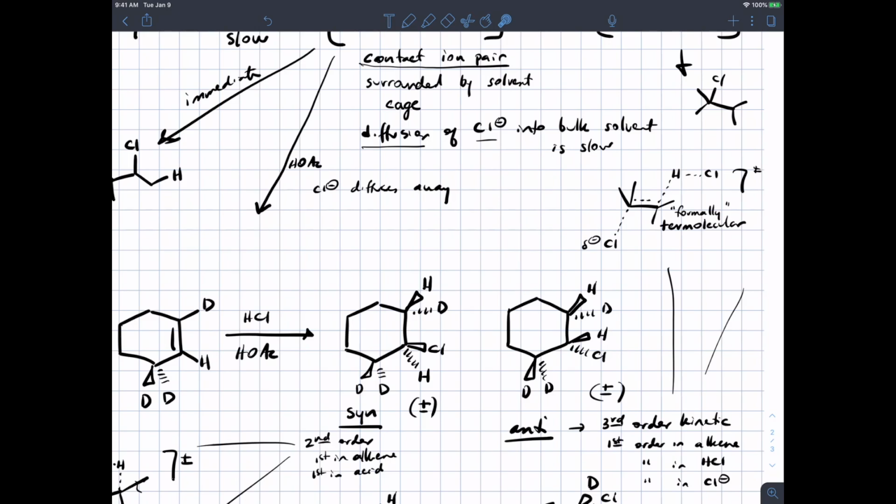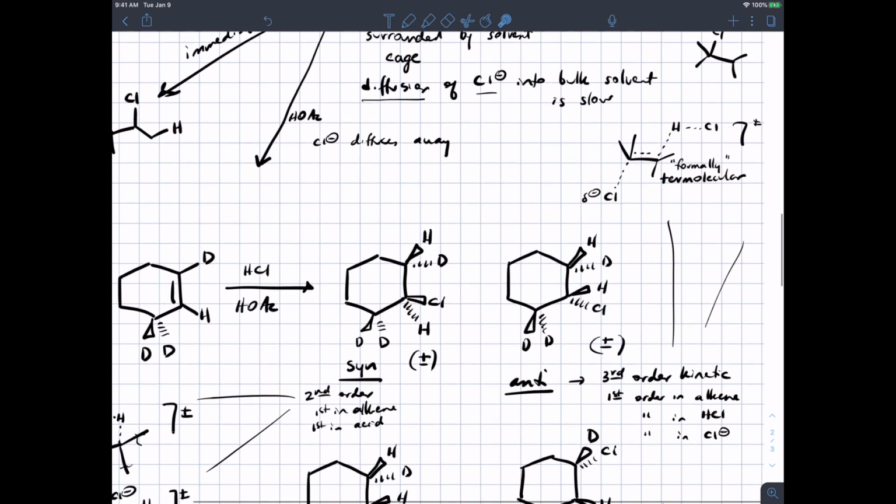And then second, though you could get that randomly, right, if chloride swam away and then just happened to come in from the bottom face of the carbocation, the real evidence that suggests it has to be a transition state that involves three things is the observation that appearance of this anti-product has third-order kinetics, and it depends on concentration of alkene, HCl, and added chloride.